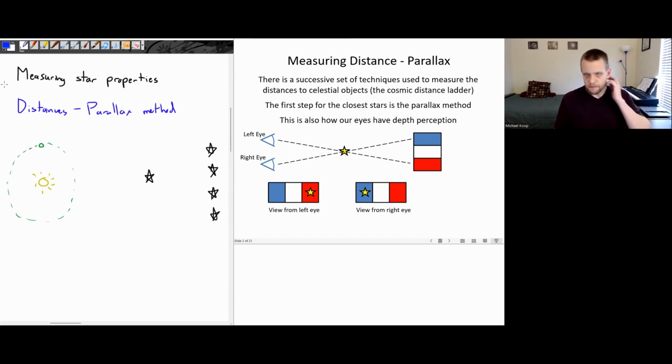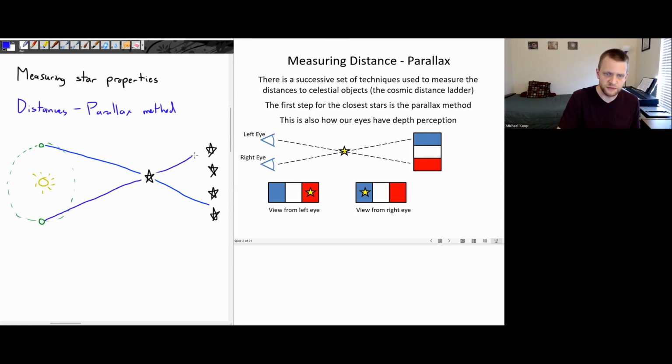If I make the observation of this star at 2 points in the year, when the Earth is on two different sides of the sun, well, at 1 time a year, I'm going to see that star in front of some background objects. 6 months later, I'm going to see the star in front of some other background objects.